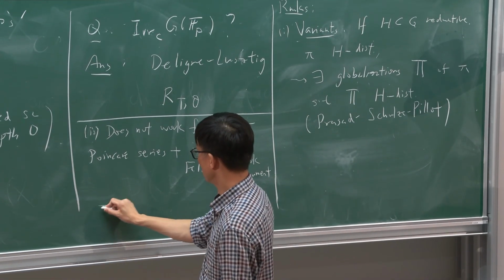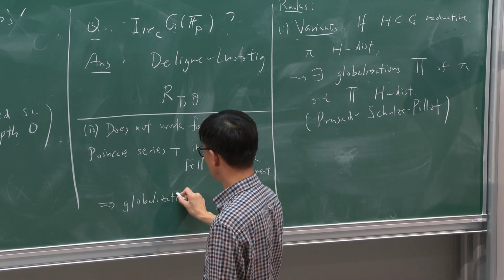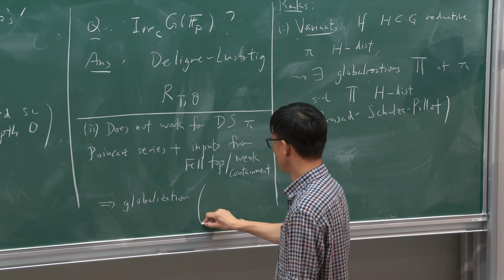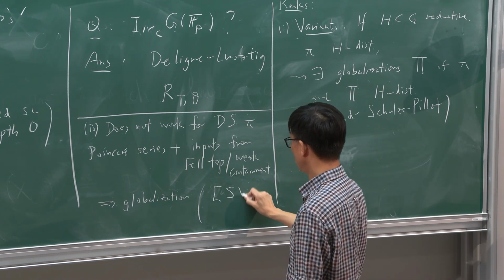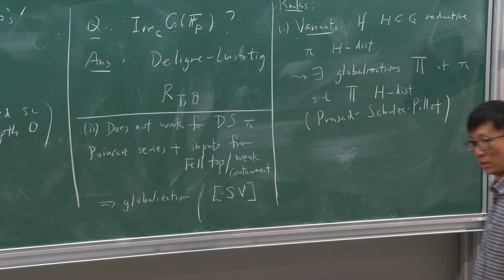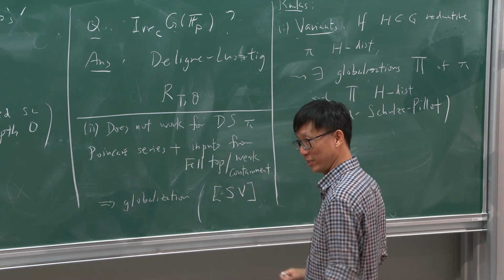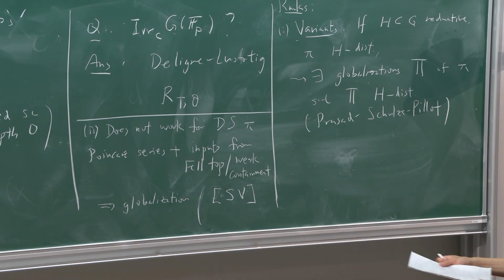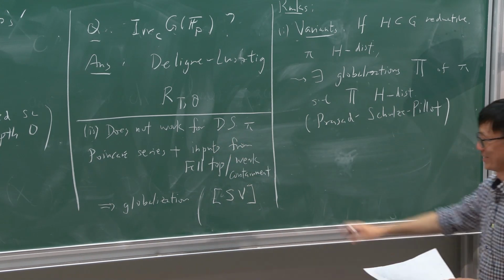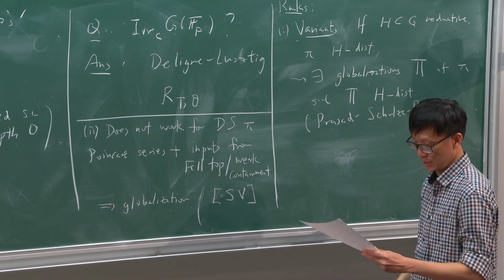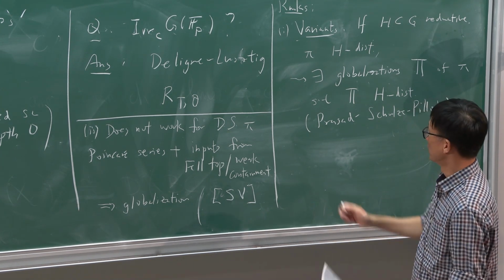This still implies globalization in some cases at least. You can read about this in the asterisk volume of Sakellaridis and Venkatesh. They have a very nice argument that uses inputs like that, and it still allows you to globalize a discrete series.